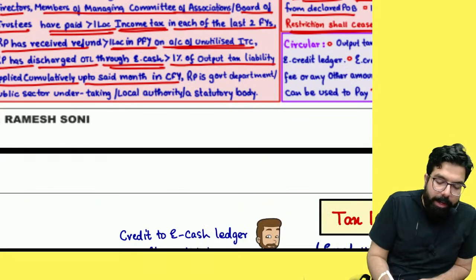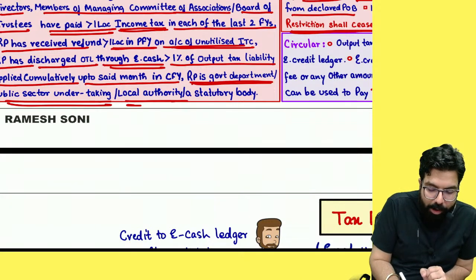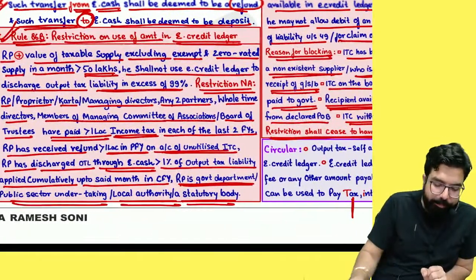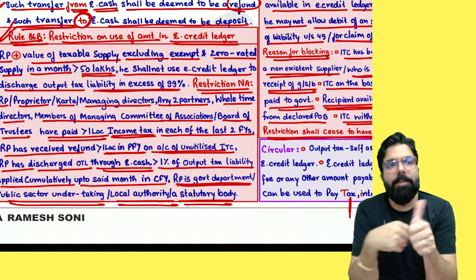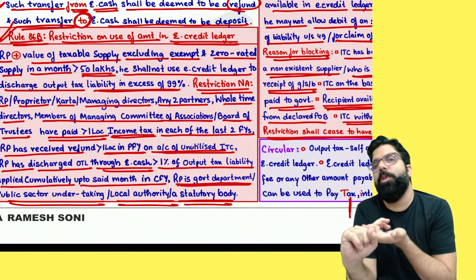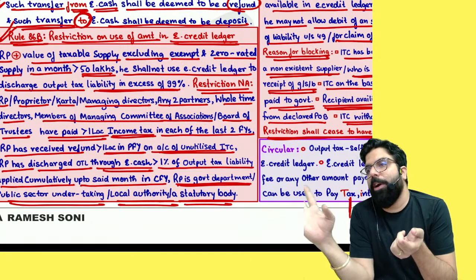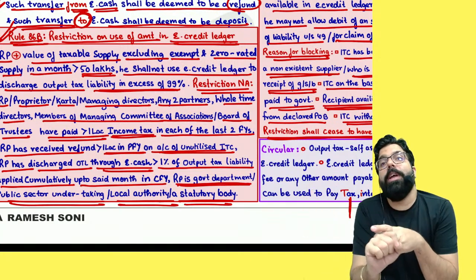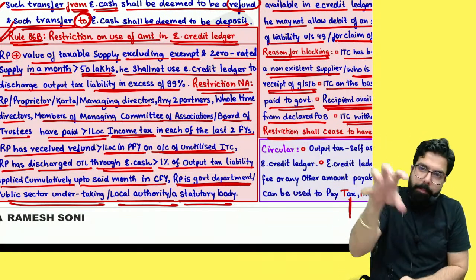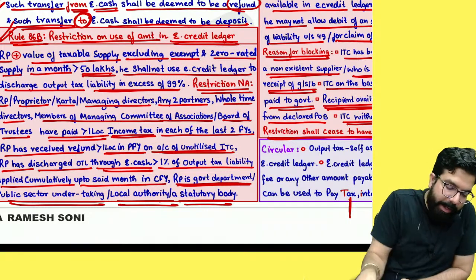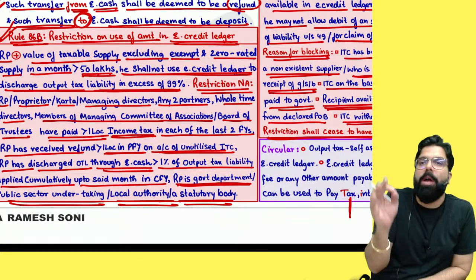The next one over here is, restriction is not applicable if you are a government department, public sector undertaking, local authority or a statutory body. People, rule number 86B: if I am a registered person but my turnover is more than 50 lakh, excluding exempt supply and zero rated supply, then I have to go ahead and pay 1% in what, everyone?